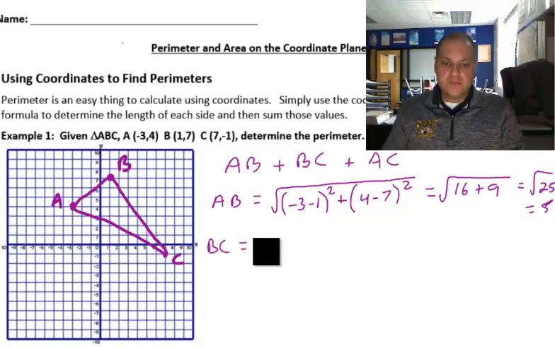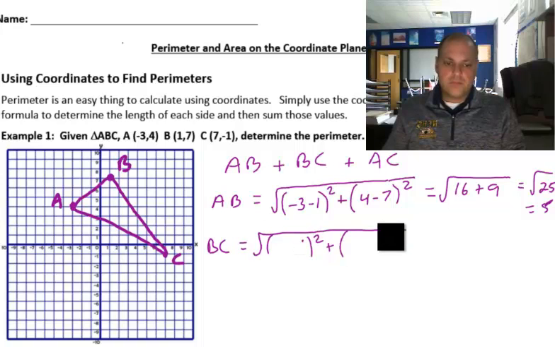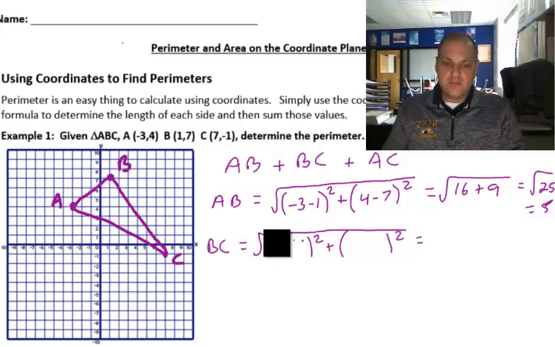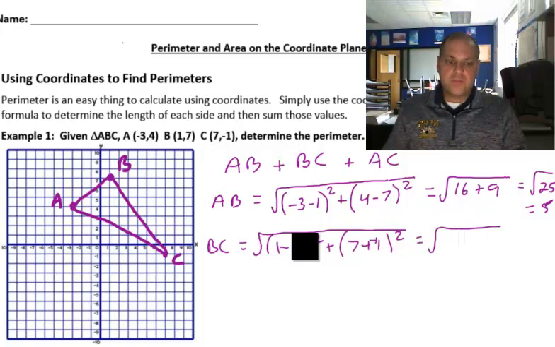Now BC. 1 minus 7, and then 7 minus a negative 1. Double negative becomes positive.